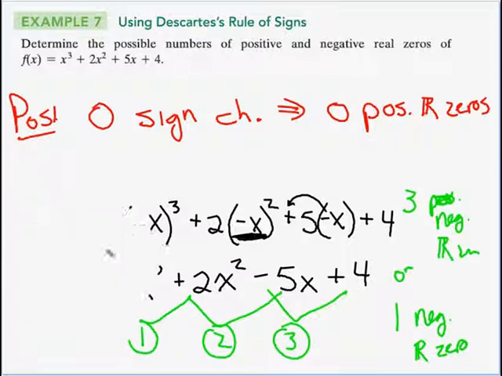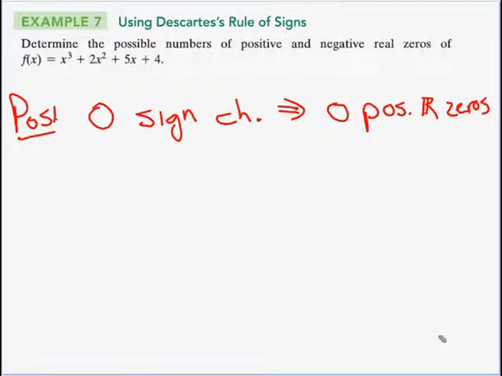What does that tell us about this here? You remember we were trying to solve these things and figure out what factors are going to work. If I'm looking at the possible zeros here, I got a 1 as a leading coefficient, 4 as the constant. What are the factors of 4? Plus or minus 1, plus or minus 2, plus or minus 4. When we first tested for possible positive real zeros, we found out there were 0 positive real zeros.